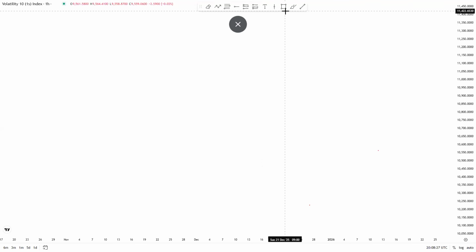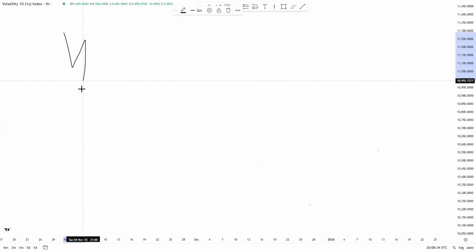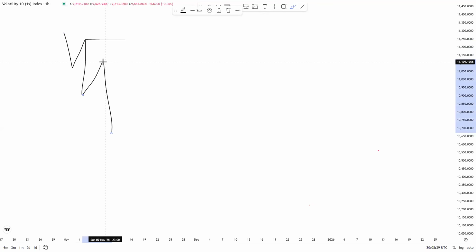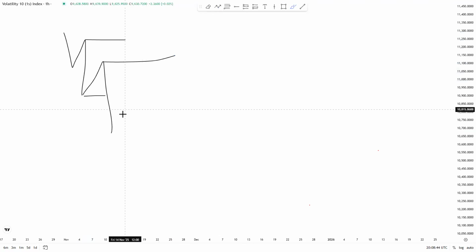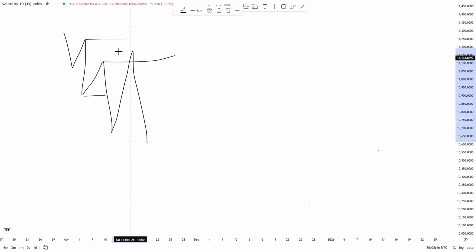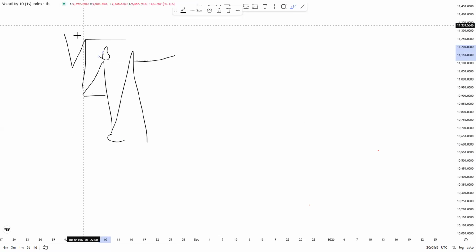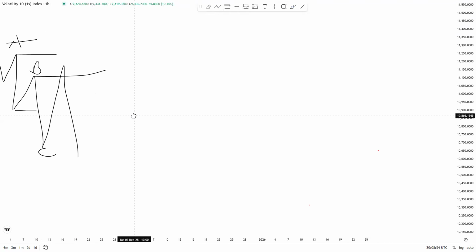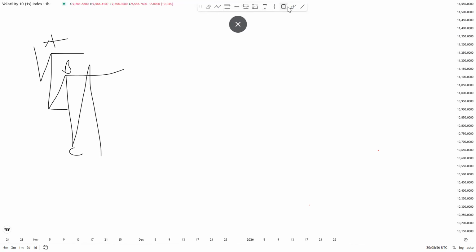All right, so imbalance. This is what we mean by imbalance in price. For example, price gives you an A point, gives you a B, and you are expecting this to happen to get to your C, this is your B, and this is your A. Now imbalance in price is if the market does this at your A point.